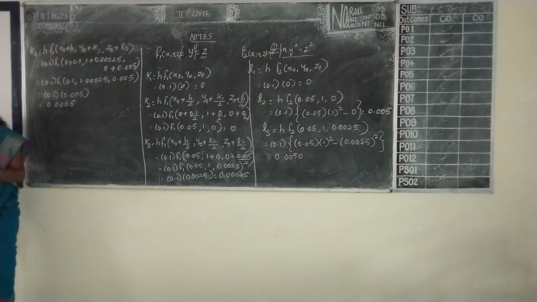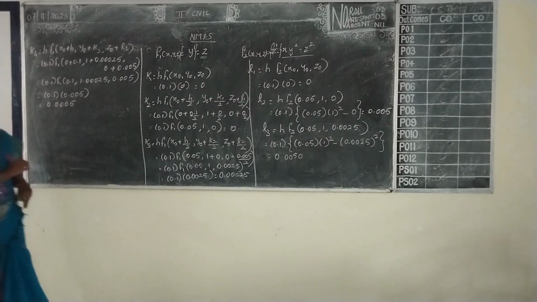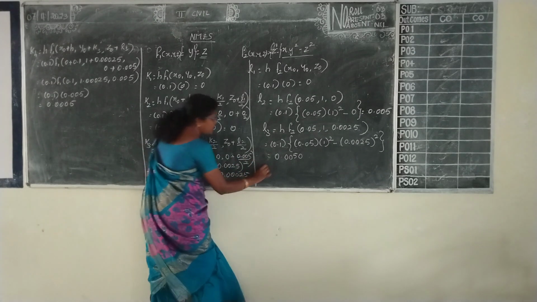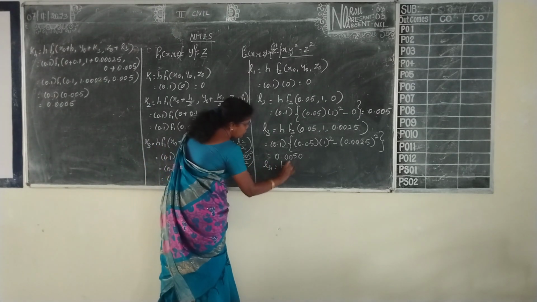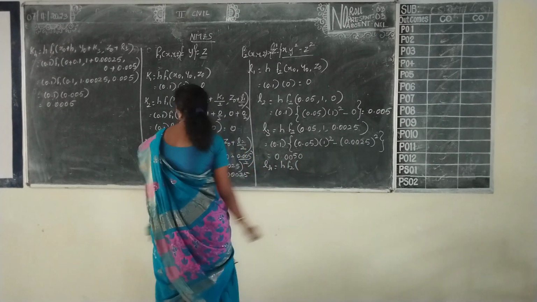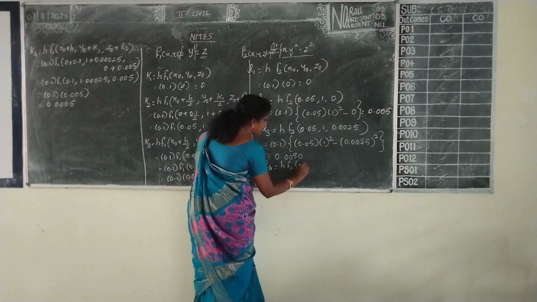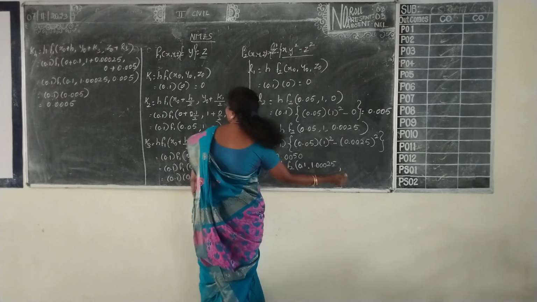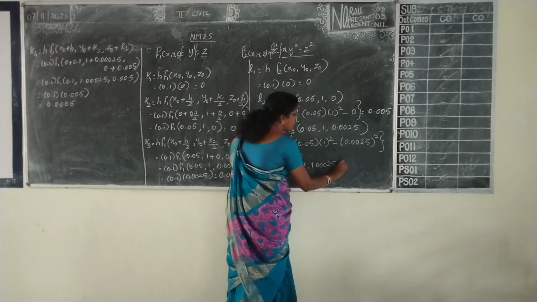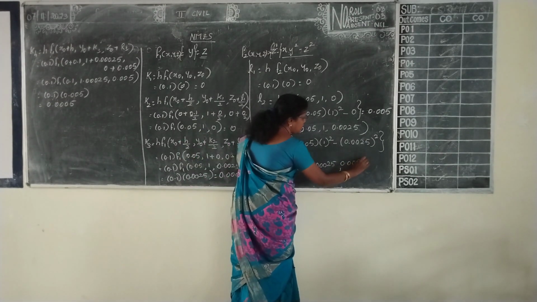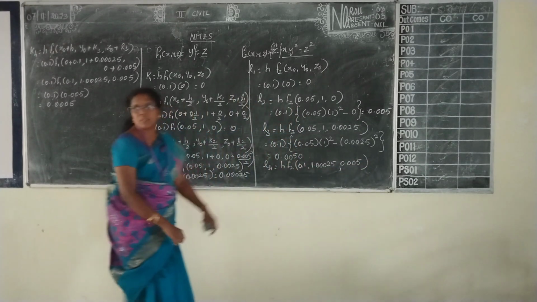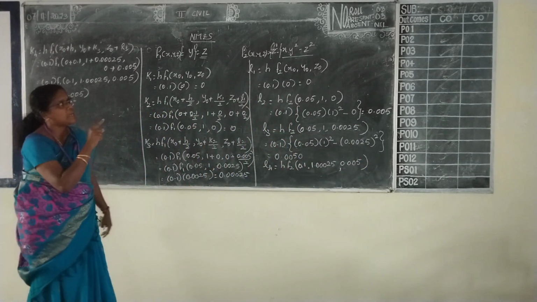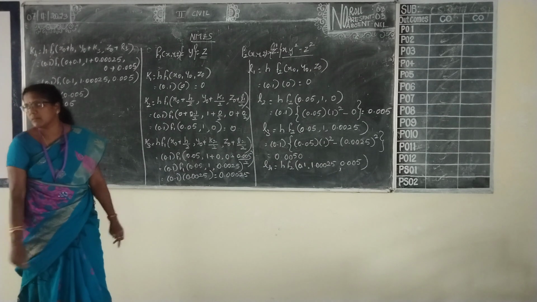Okay. Now similarly find the L4. So L4 will be equal to H into F2 of 0.1, 1.00025, 0.005. Now we have to substitute this in F2, which is x y square minus z square.